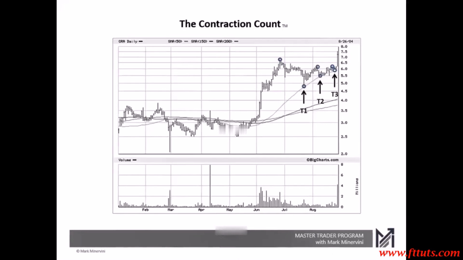I'm basically looking at the last few weeks of price action. I can see more than the last few weeks, but I'm really honing in on the last few weeks, last few months, and I'm looking for this all the time. That's why I can go through hundreds of stocks in just a few hours, because that's what I'm zeroing in on.